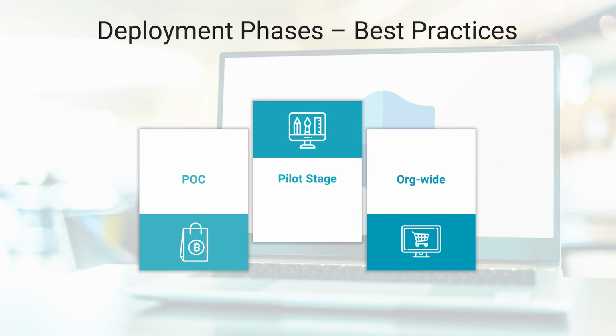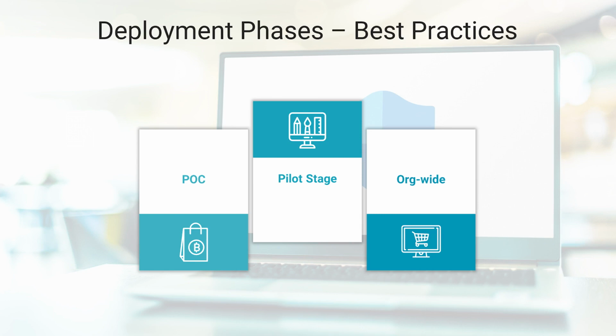After the proof of concept, you can go with a pilot deployment, where you will onboard a larger number of devices, and besides the difference in the number of devices, this pilot stage will be different from the proof of concept in terms of deployment methods.